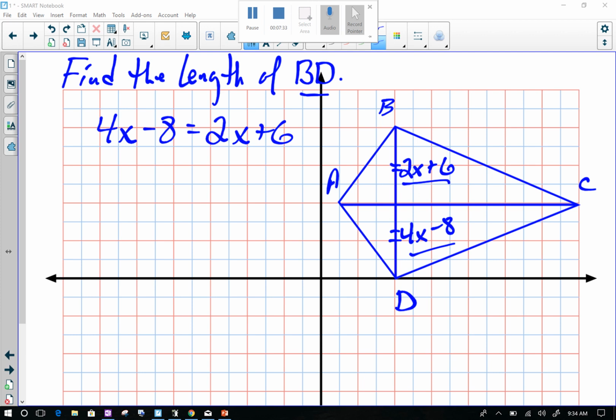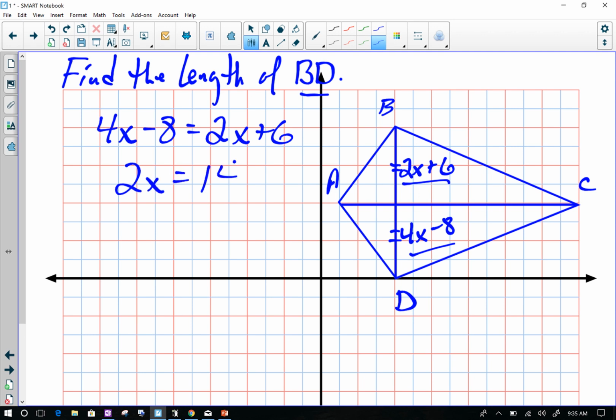Then we can go ahead and solve this. 2x would equal 14. x would equal 7.